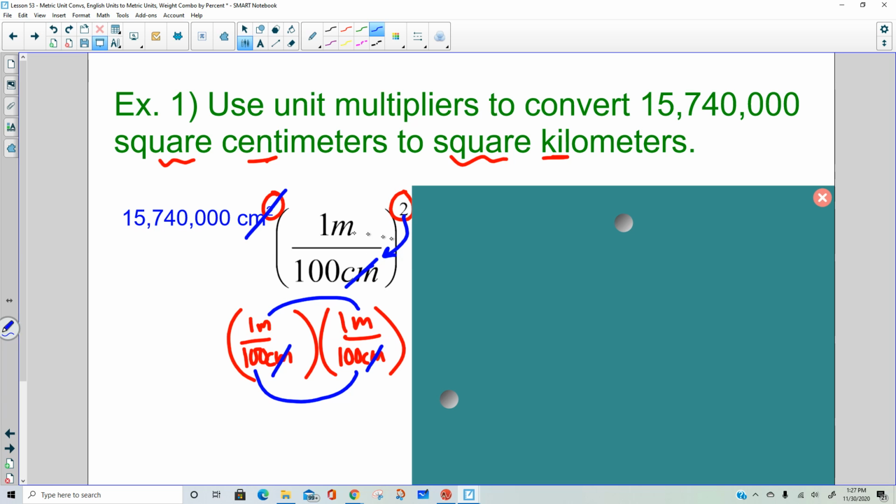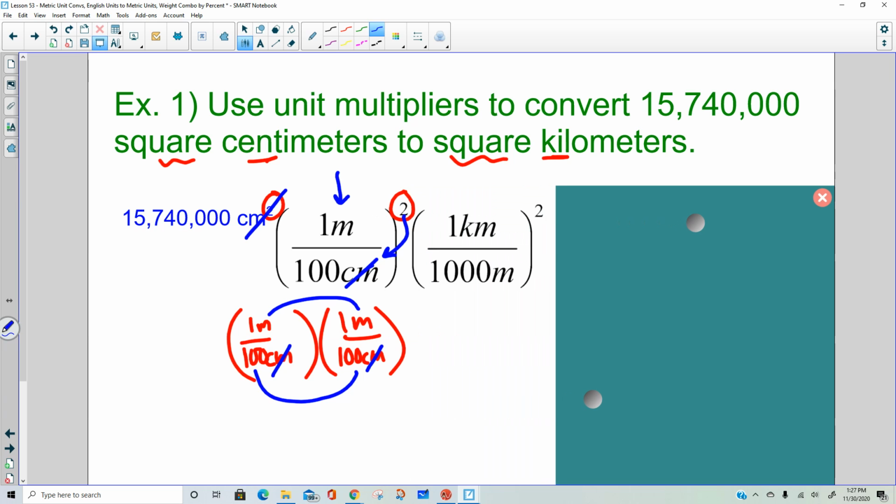All right, so now I'm in meters. I need to go to kilometers. So I'm going to use my kilometers to meters unit multiplier, and I'm careful to line those up so that I have meters on the top and meters on the bottom so that they cancel.